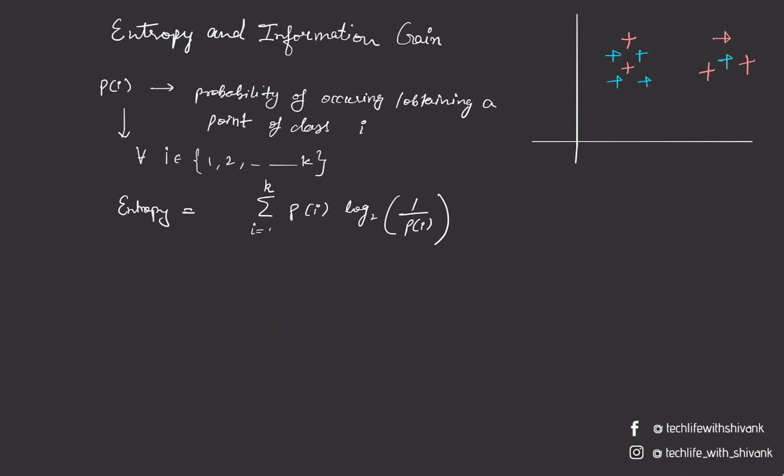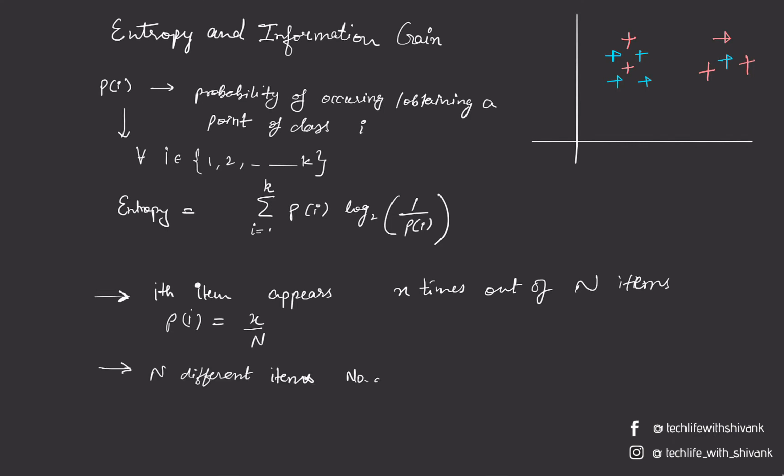Now to understand that, let's say the ith item appears x times. So let's say if we had n different items, the number of bits required to differentiate between these n different items is log n on base 2.